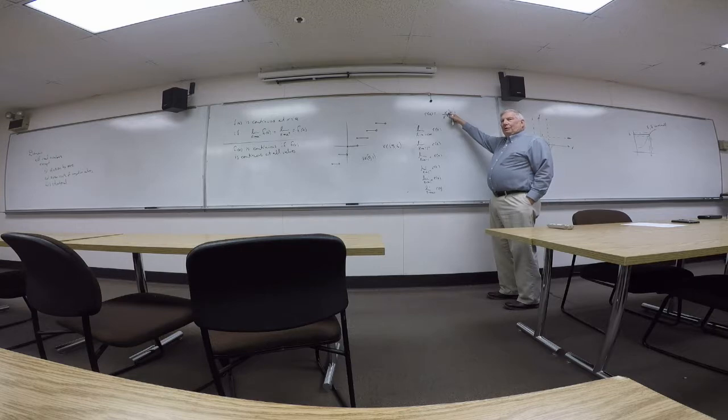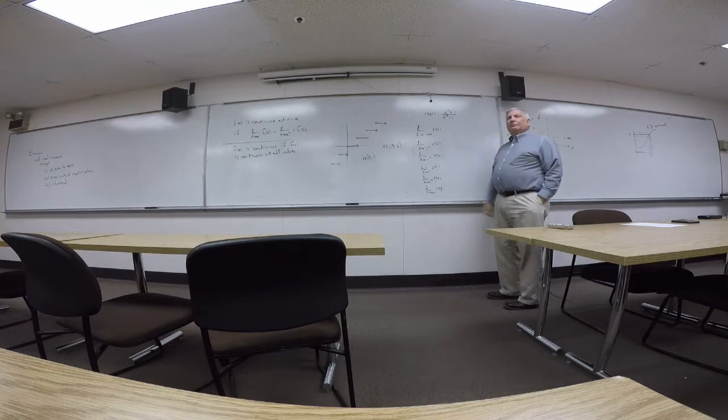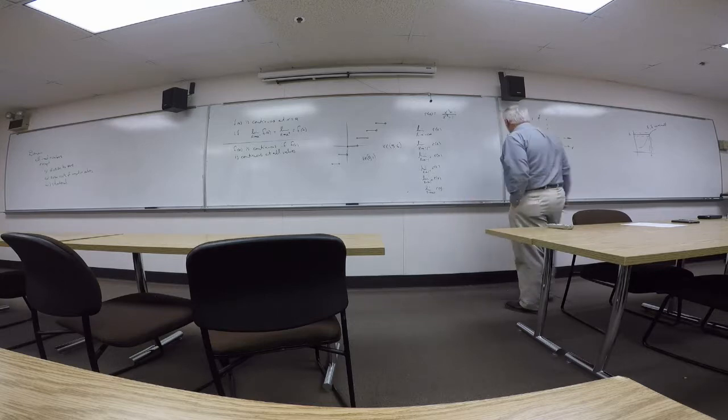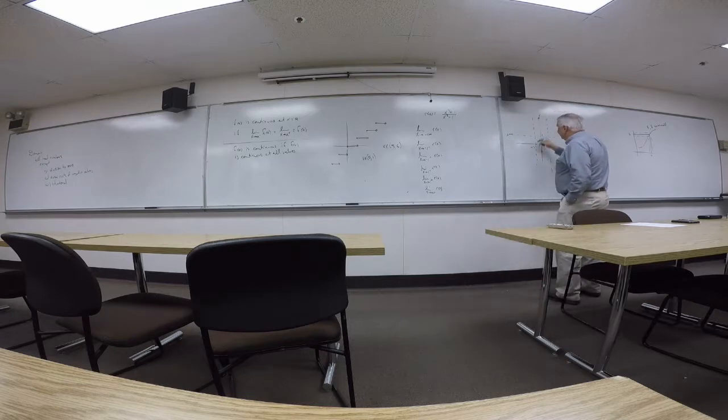Negative 1.1 squared is 1.21, plus 1 is 2.21. So I have 2.21 divided by 0.21. Oh, that's about 10. So a tenth to the left of this is about positive 10.